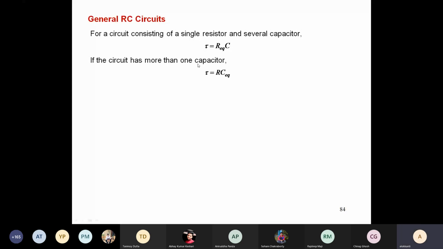And if you have several resistors and several capacitors, the time constant of the circuit will be the R equivalent times the C equivalent. That will depend upon the different types of problems that we will see in the exercises.